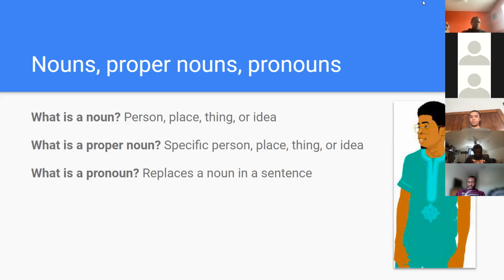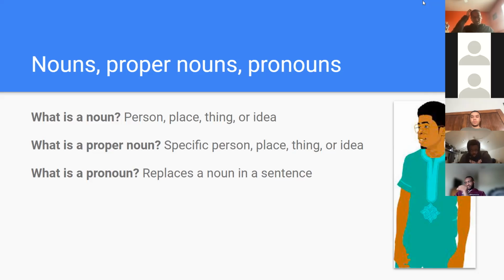Instead of a phone, now we're talking maybe an iPhone, but that is a proper noun. Okay, I'm talking about the iPhone 7S or whatever. I know that's old, but whatever. And then a specific idea, maybe instead of just justice, it would be the Black Lives Matter movement, right? So now we're capitalizing specific things, and proper nouns are capitalized.